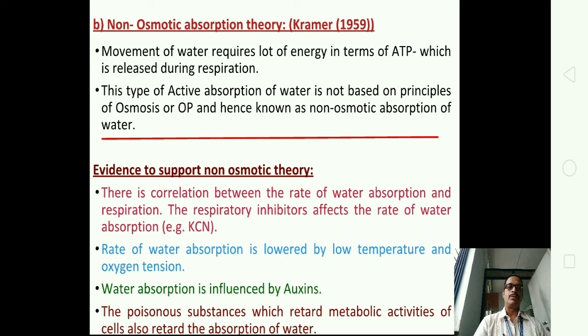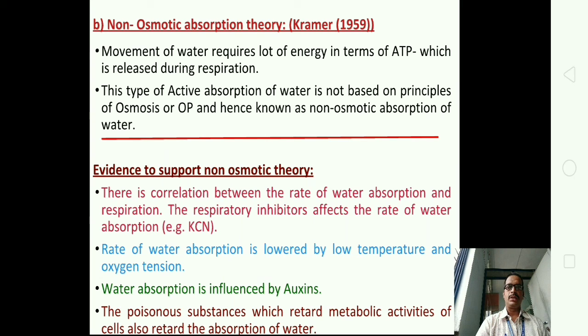There is support for this given by various scientists. There is a correlation between the rate of water absorption and respiration. Respiration inhibitors, for example potassium cyanide, affect the rate of water absorption. The rate of water absorption is lowered by low temperature and low oxygen tension.